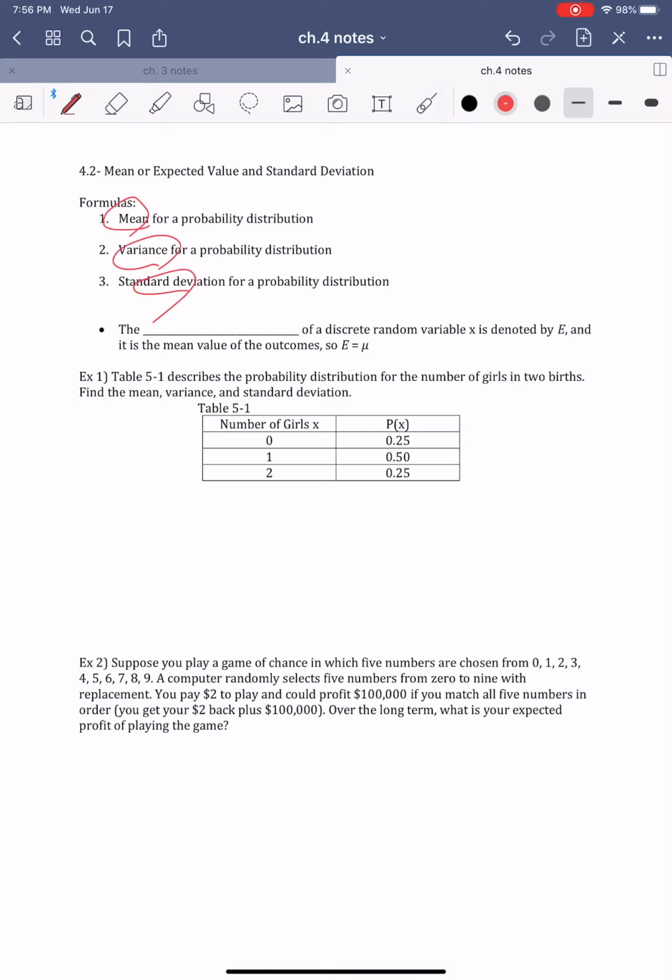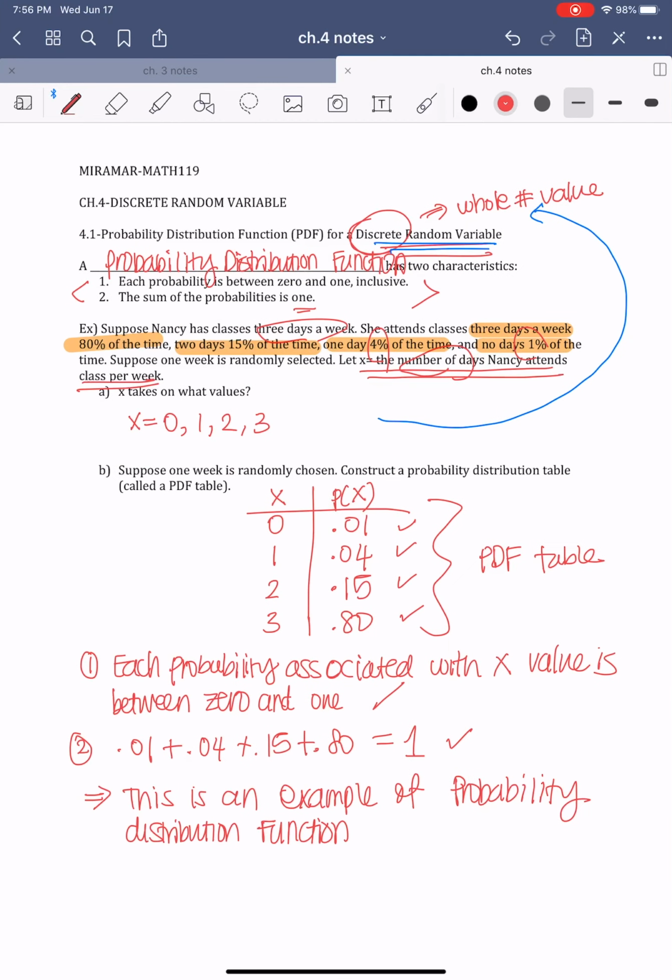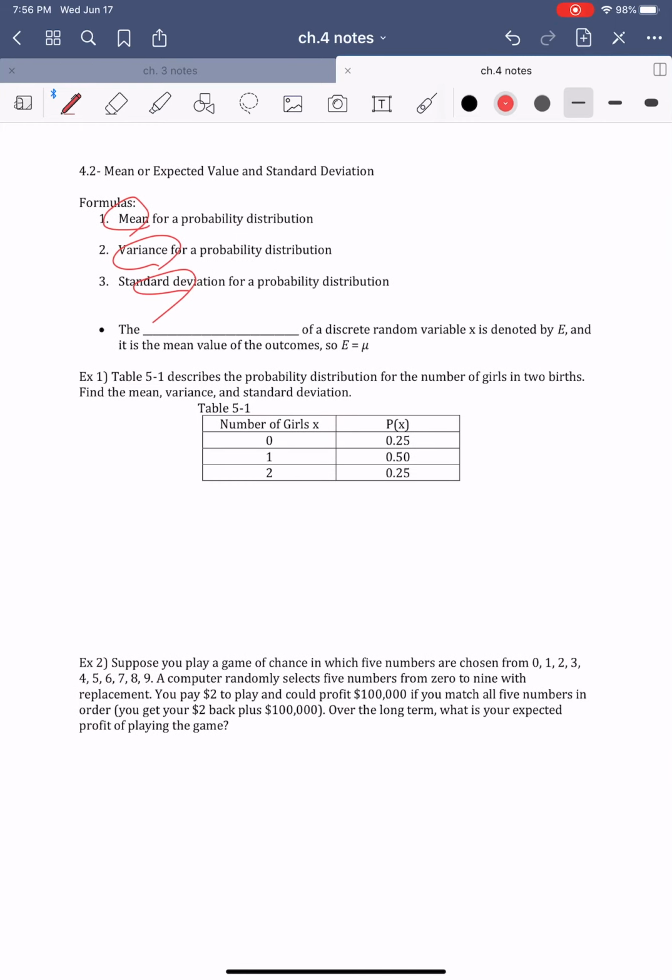Remember, these are all the terms associated with the data analysis in chapter 2. Same thing. We have all these probability values. I could ask, oh, on average, right? That's a mean. On average, what is the number of days Nancy attends class per week, right?